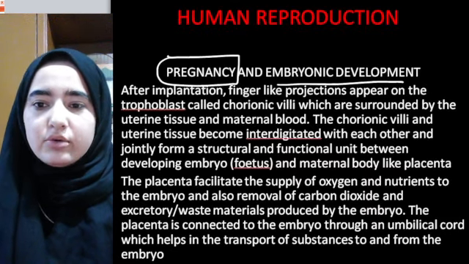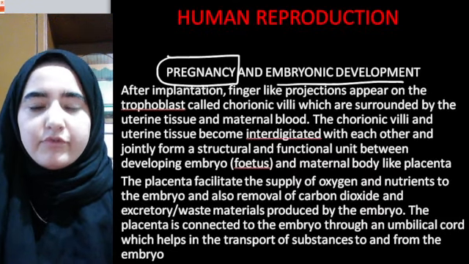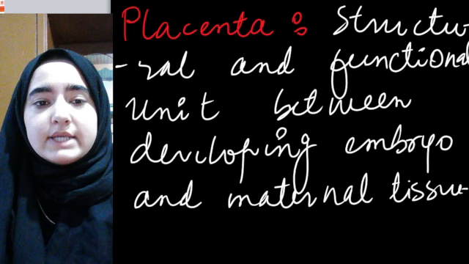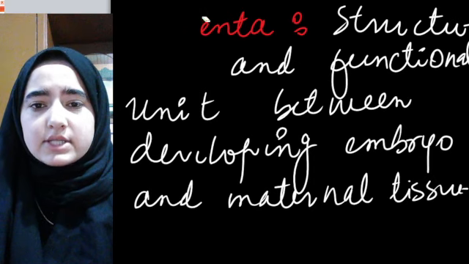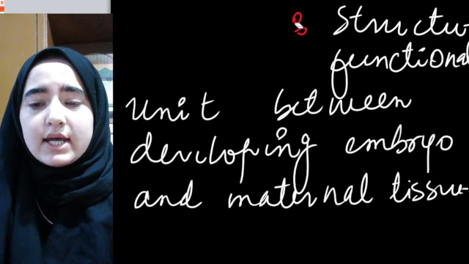I hope this concept is clear. Furthermore, what is the function of placenta? Since it's a structural and functional unit, it needs to have some functions, so that we can call it a functional unit.